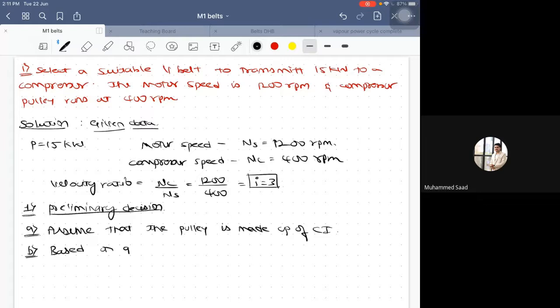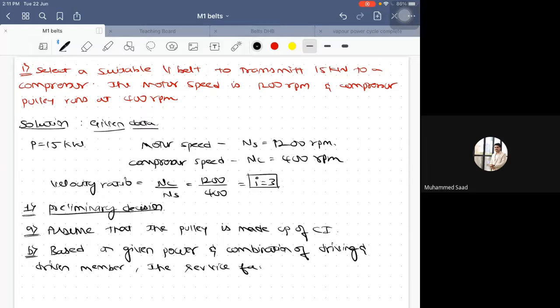Based on the given power and the combination of driving and driven member, the service factor is taken as, so Ks is equal to, so please refer to table number 14.19, page number 322 for this.